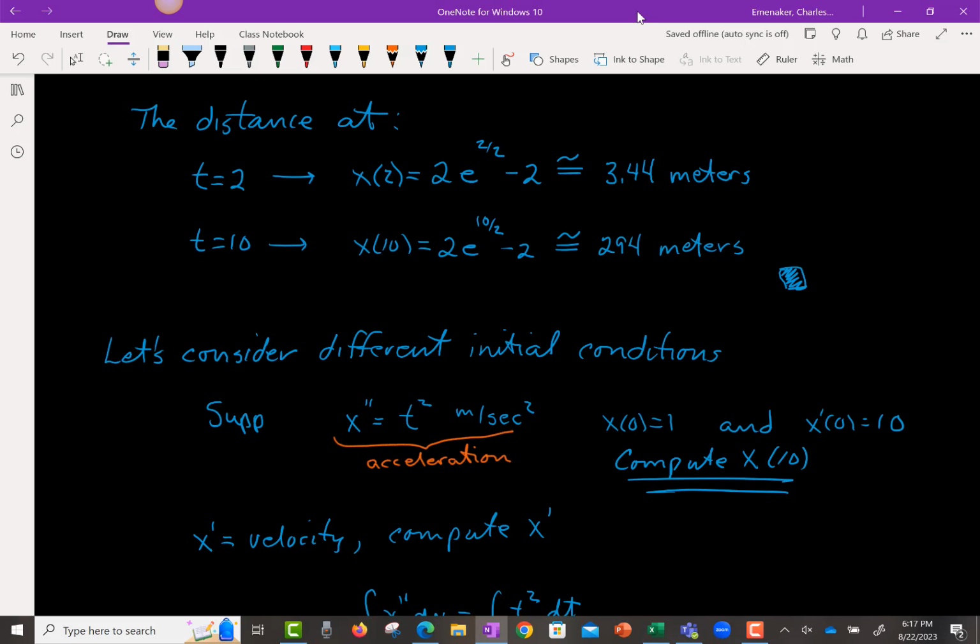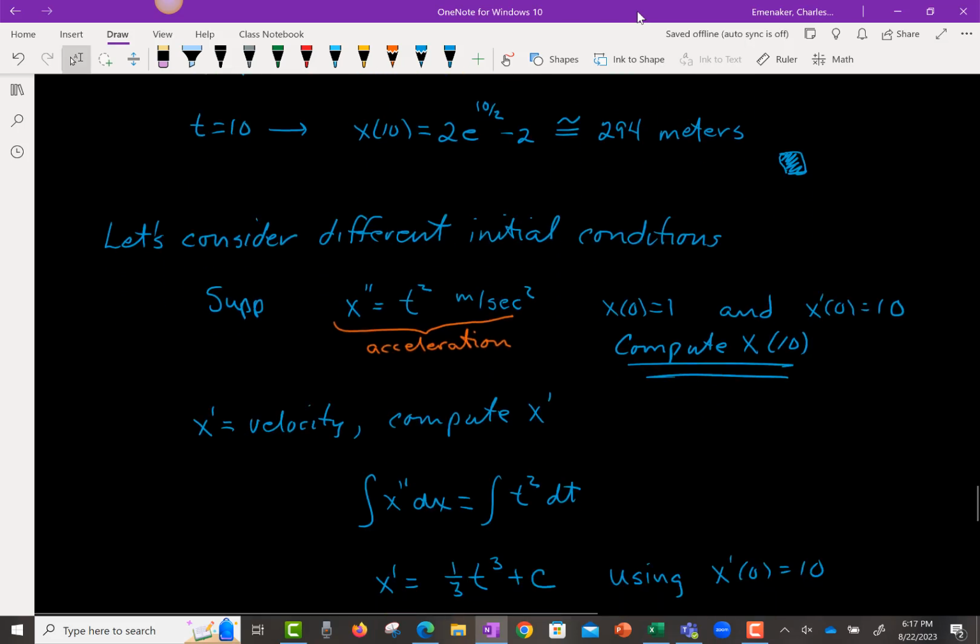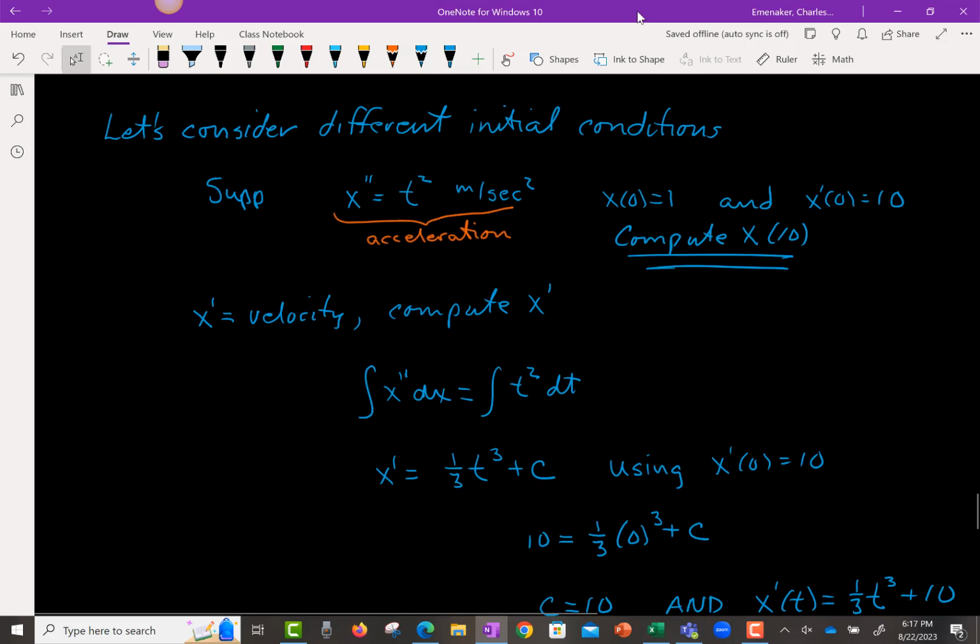Let's look at a different start and initial conditions. Suppose we have x double prime equals t squared. Notice our function on the right-hand side is no longer e to the t over 2, but it's just t squared. And very importantly, notice on the left side we have x double prime.